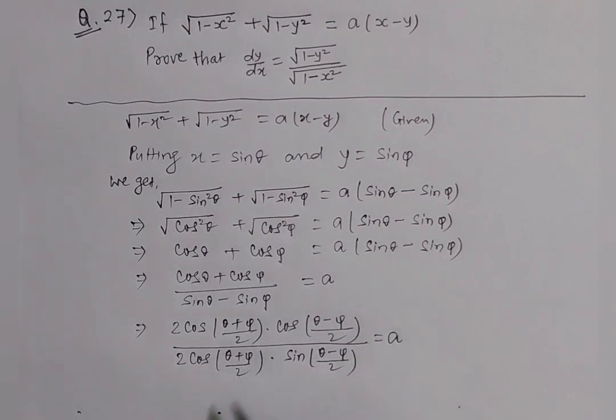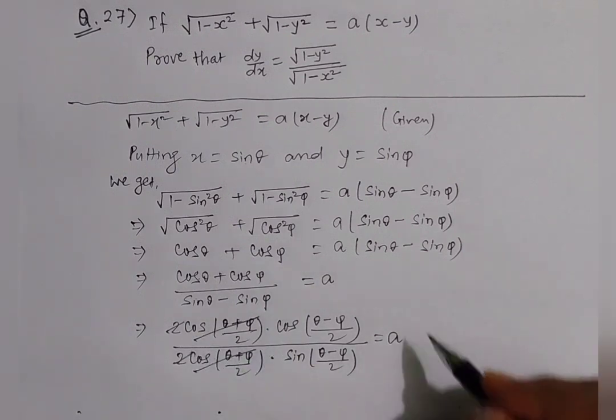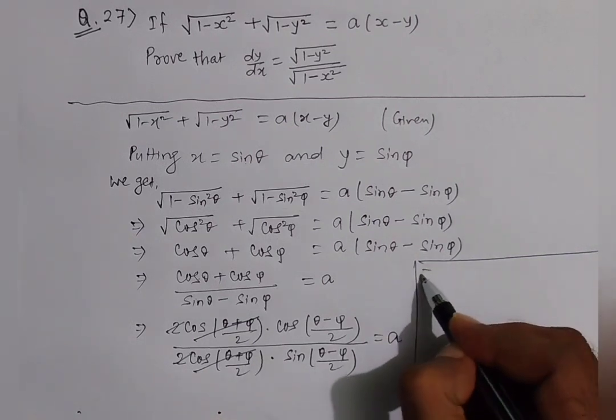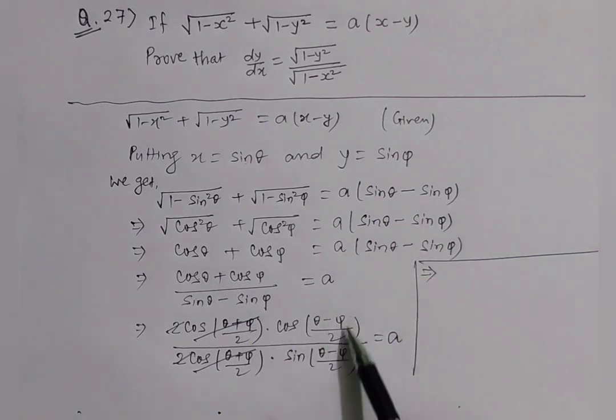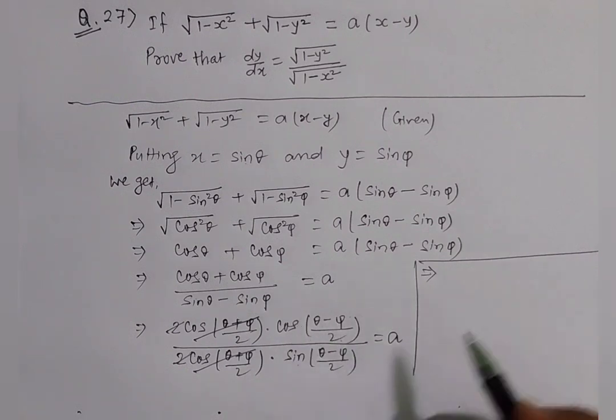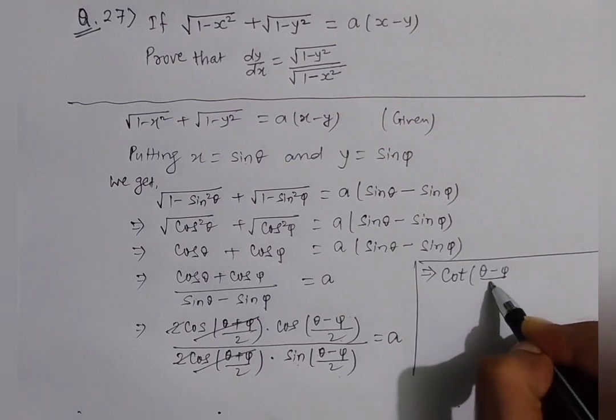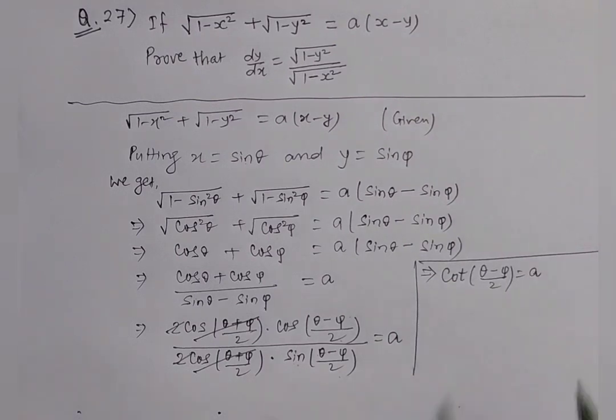Now we can see some terms cancelling out here, 2 and this cos theta plus phi by 2 cancelling out. So what will we get then? Cos theta minus phi by 2 upon sin theta minus phi by 2. Angle is same, so cos by sin is what? Cot. So we can write this as cot theta minus phi by 2 equals a.